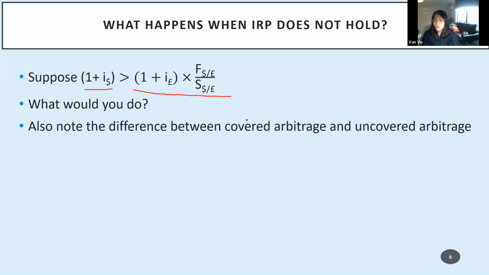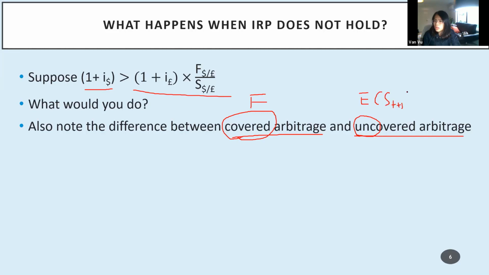One more thing to note from the lecture last week was we talked about covered arbitrage and uncovered arbitrage. When you say covered, this is when you have a forward contract to lock in your exchange rate, so you're not exposed to any exchange rate risk. Whereas with uncovered arbitrage, you're looking at just the expectation about the future.